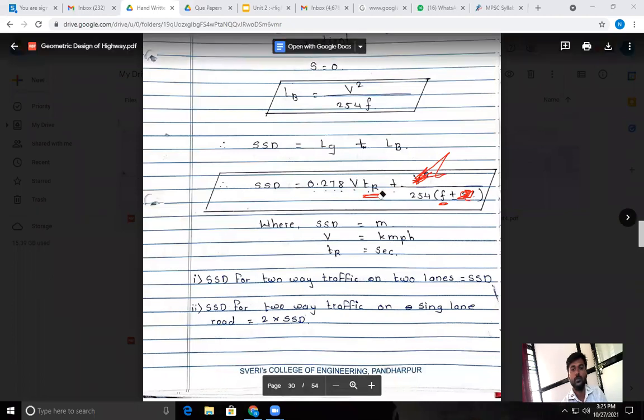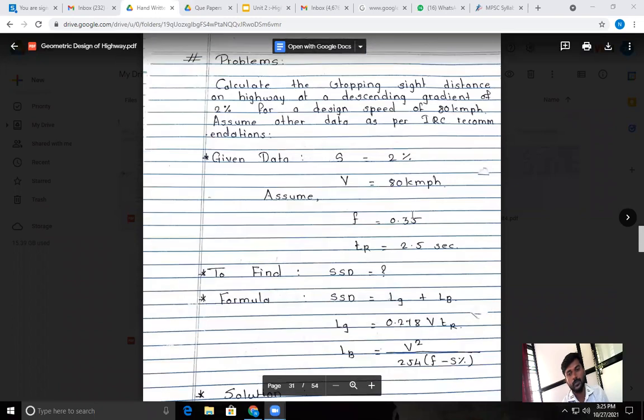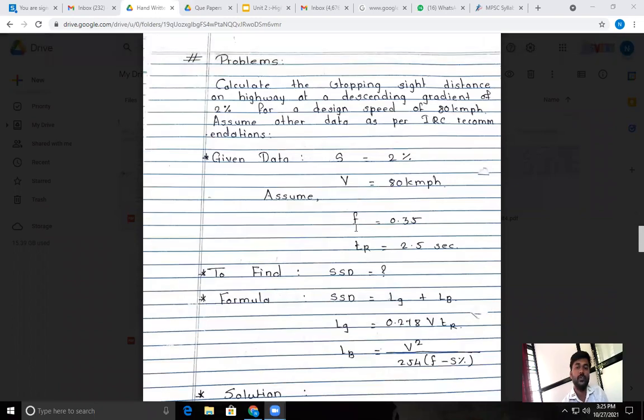Its value varies from 0.35 to 0.4, and in the problem they have only suggested to go for the value as per the IRC. So here I will assume F as 0.35 and the reaction time as 2.5 seconds, and place these values into the formula.